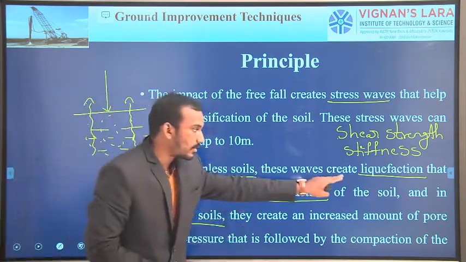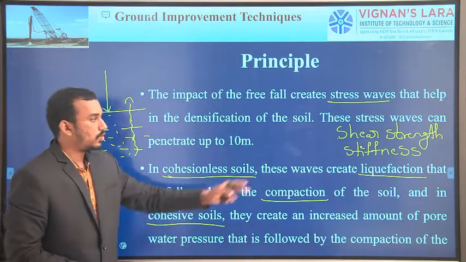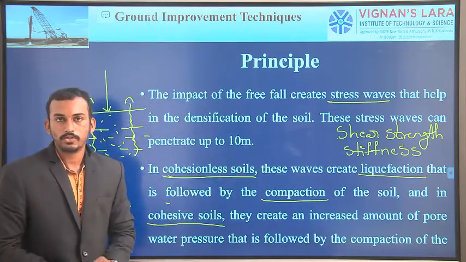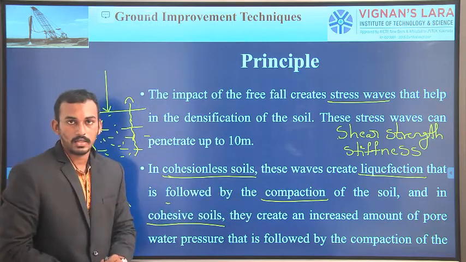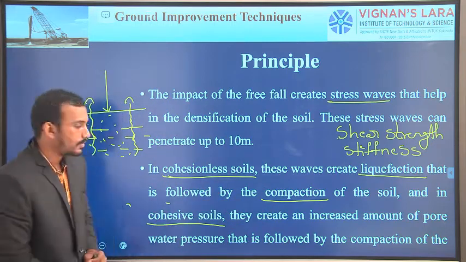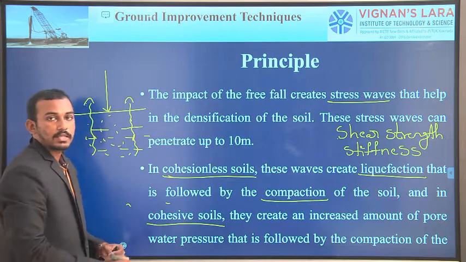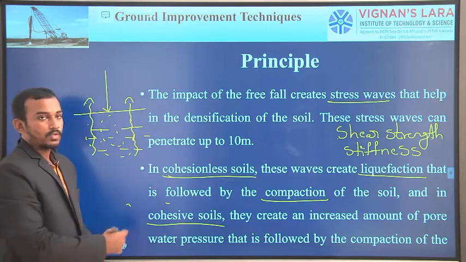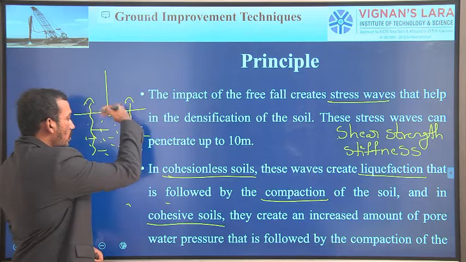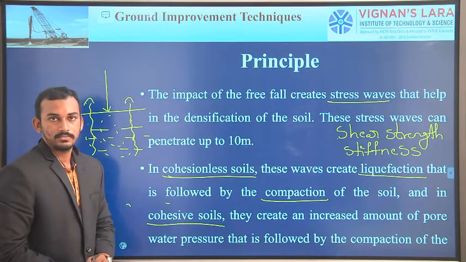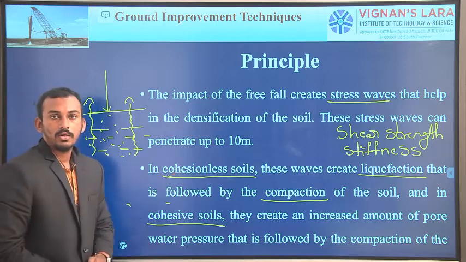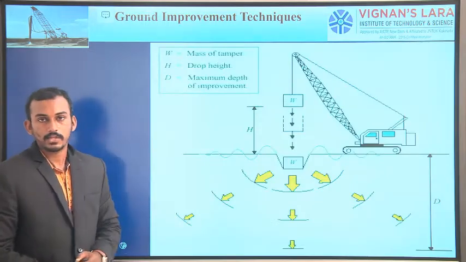That is what liquefaction means. Once there is no resistance to deformation, it is easily compacted. Whereas in cohesive soils, more pore water comes out of the soil, and once the water is removed, the soil gets settled, nothing but compacted. So this is the principle of dynamic compaction.